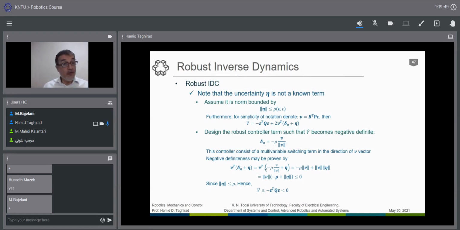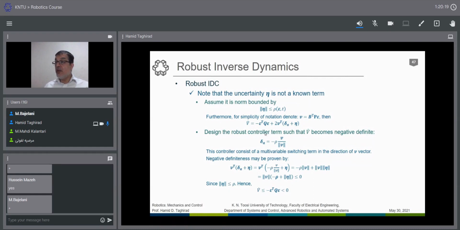You can do it with 400 other different methods. You can just use this equation to make it equal. This would be smaller than this. So this term will be cancelled or neglected with respect to this. V dot would be always negative definite, and then you have a stable system.